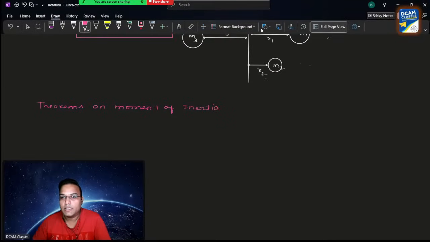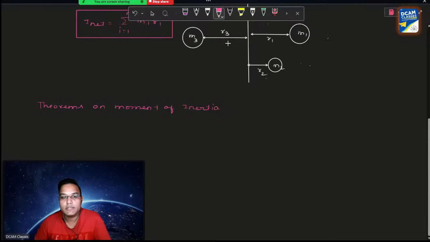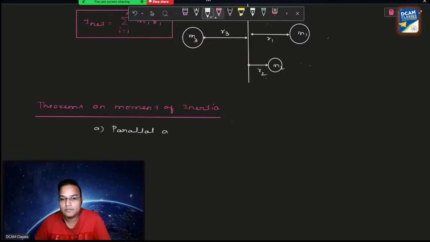There are two theorems for moment of inertia. One is parallel axis theorem. The other is perpendicular axis theorem.